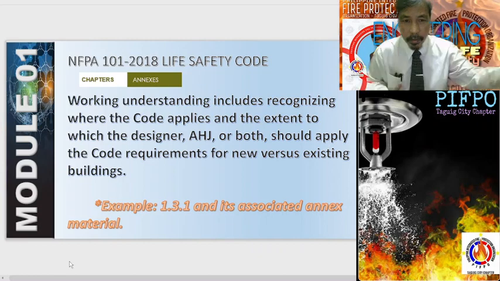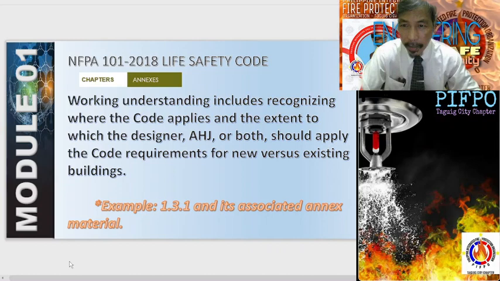Working understanding, because code provisions are there, but there are situations outside of the code where possible technical elements may be used for the purpose of minimizing the danger to life.